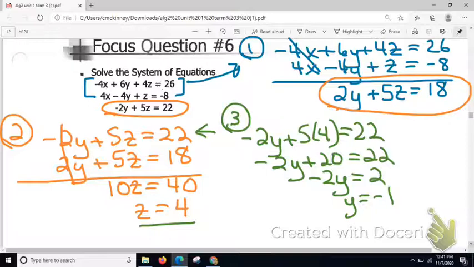Now that we have 2 of the 3 parts, now I can take those 2 parts back to the top equation, or the second one, to find out what x is.